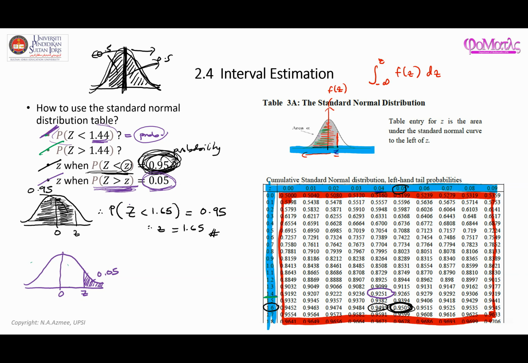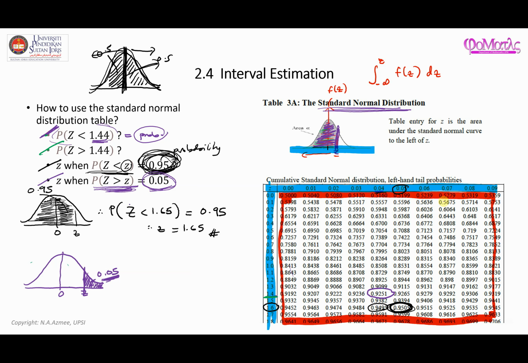Now, you cannot go and find the value of 0.05 directly on this table, because the area that you are looking for is not the same area as shaded on this region here. The area given by this standard normal distribution table is the area from this point to the left, but the area that you are looking for is from this point to the right.